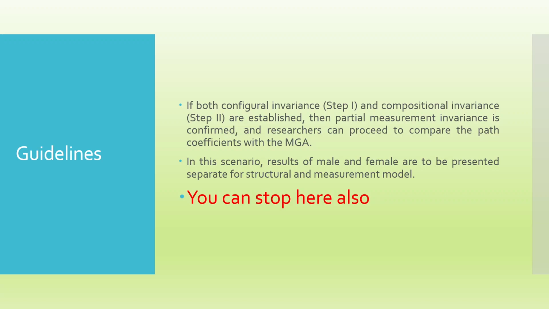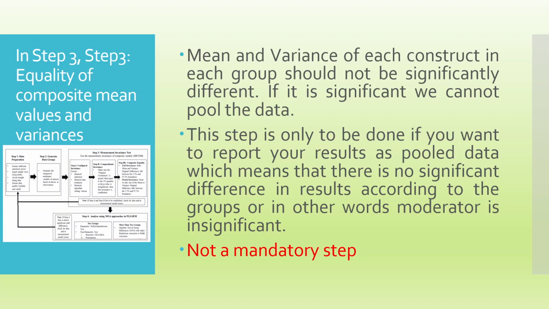You can stop here also. So in this scenario, you can run MGA for male and female. You can report the separate results for male and female. It is not mandatory to go to step number 3. Now, what is step number 3?